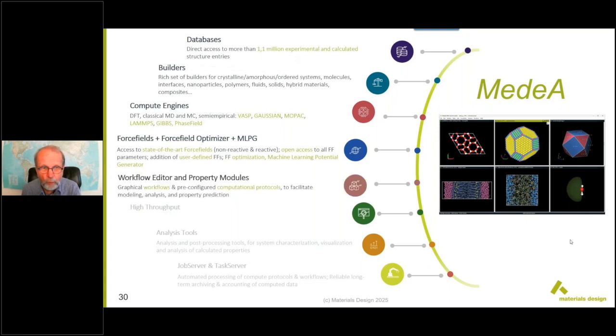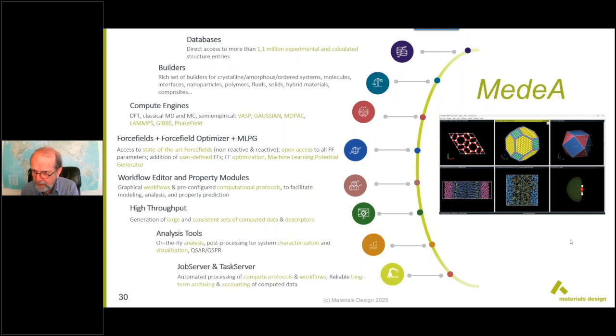We then have workflow editors, so you can construct workflows, you can carry out high throughput, you analyze that, and the job server task server architecture is such that whenever you run a calculation, it's automatically archived, and of course you can reuse it later on, and you have a traceability of all your calculations with all the metadata.